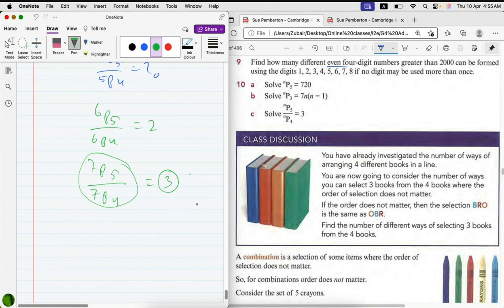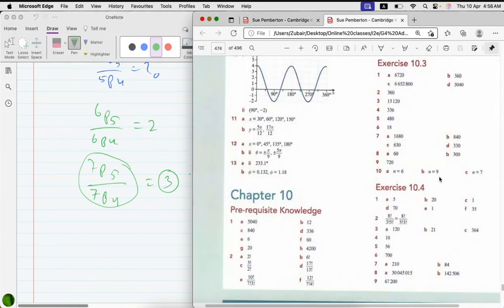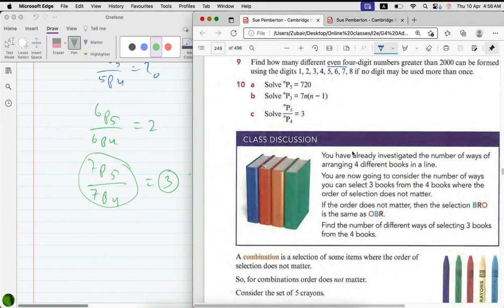One time punch, you'll directly get 3. So n is equal to 7. Question 10c is 7.